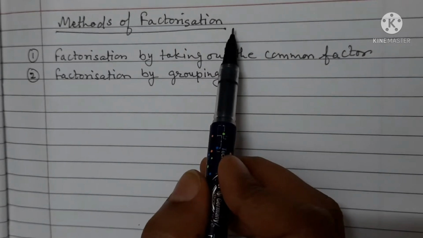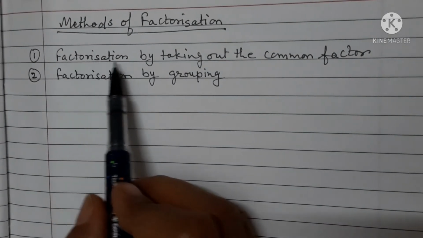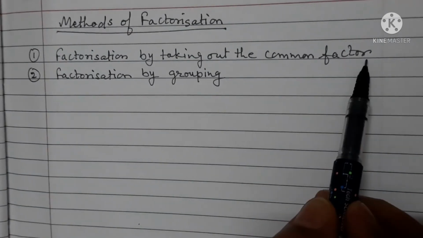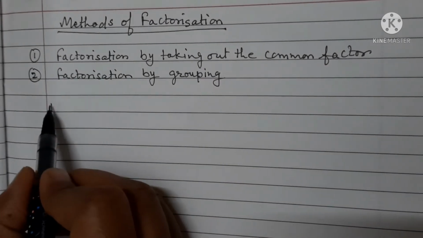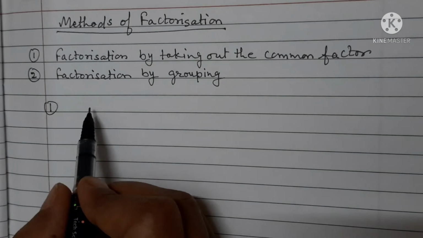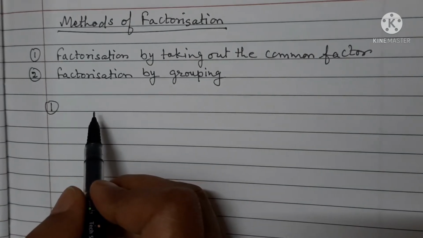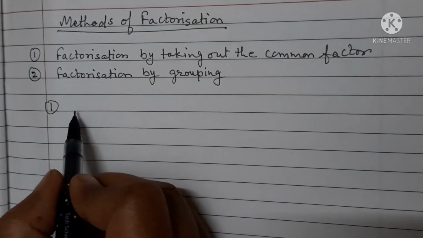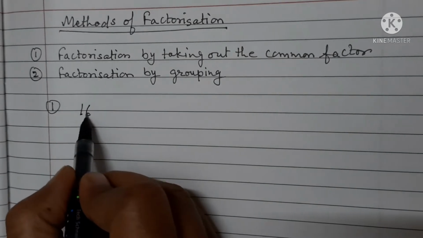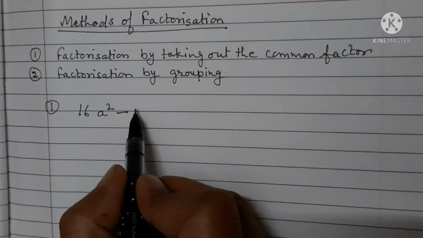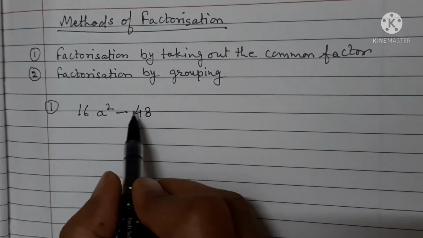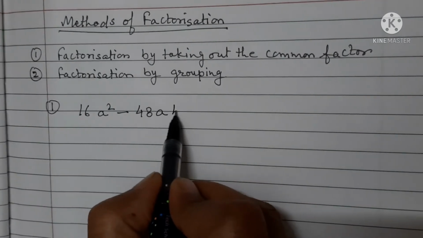Methods of factorization. First is factorization by taking out the common factor, and second is factorization by grouping. So learn the first method with an example. Suppose here a polynomial 16 a square minus 48 a b.